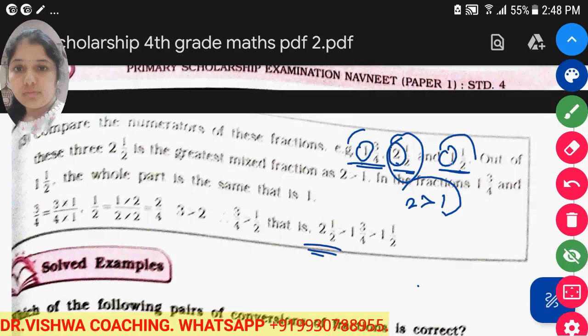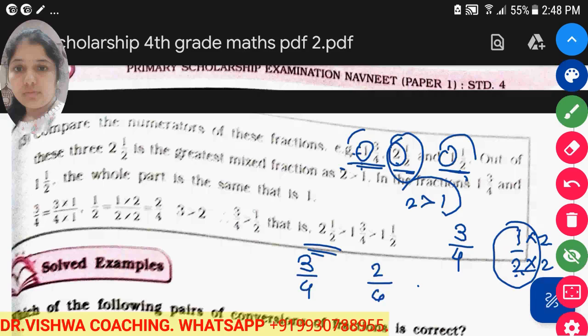Now we just have to compare between these two. Their proper fractional parts are 3/4 and 1/2, because they have a common integral part. Now we have to make their denominators common. To make the denominator common, we multiply here by 2. So it becomes 3/4 and 2/4.